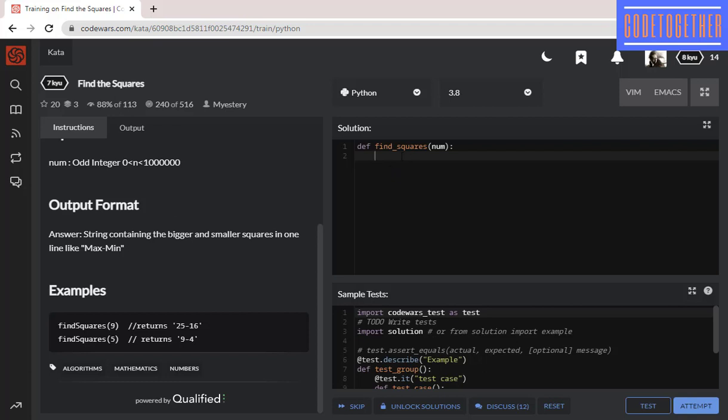that's it. So we start from 0 and define i as 0, and define another parameter, diff, and assign it 0.